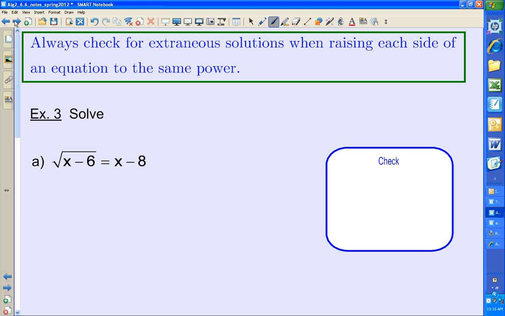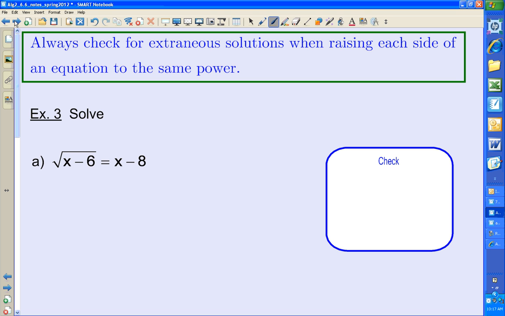Okay, so now we have a situation where you have a radical, but when you isolate the radical, you don't just get one term on the other side. You get a binomial in this case on the other side. So here's where getting rid of the radical by raising to a power becomes really important, that you understand that you do this to both sides.